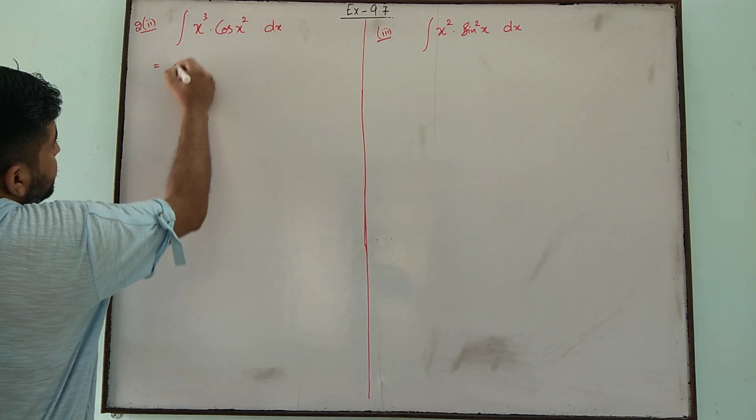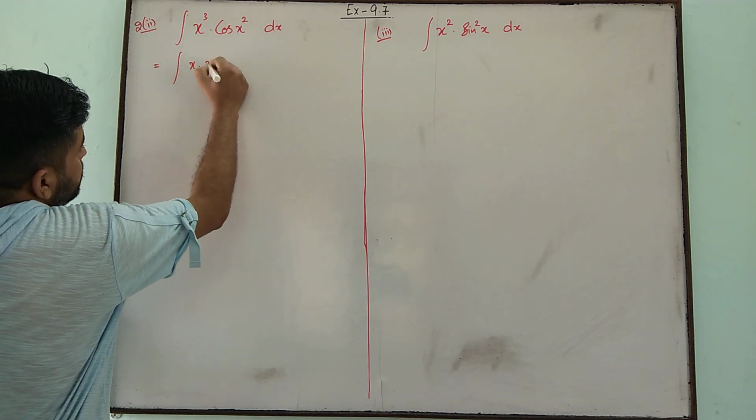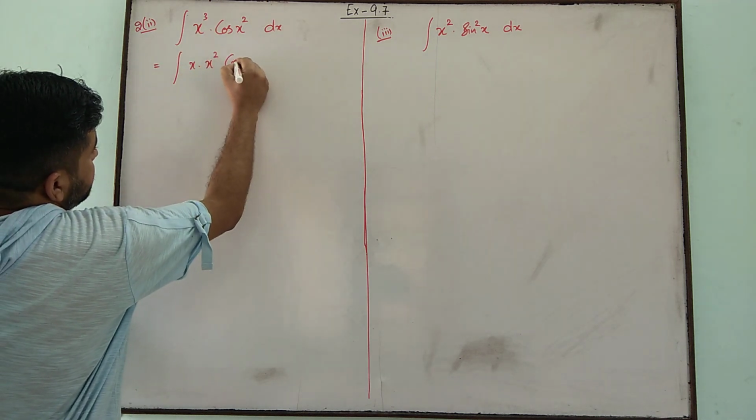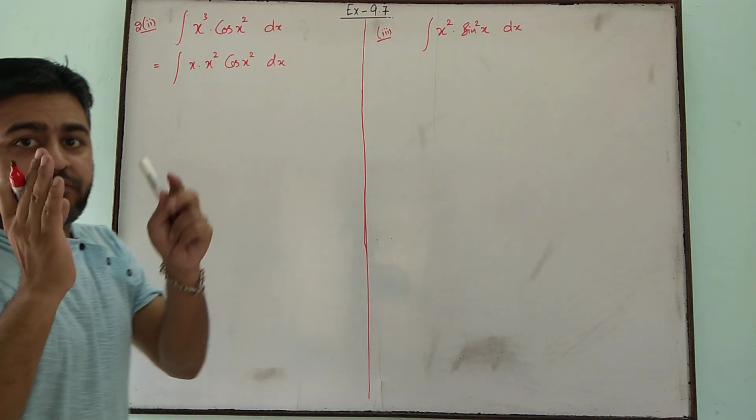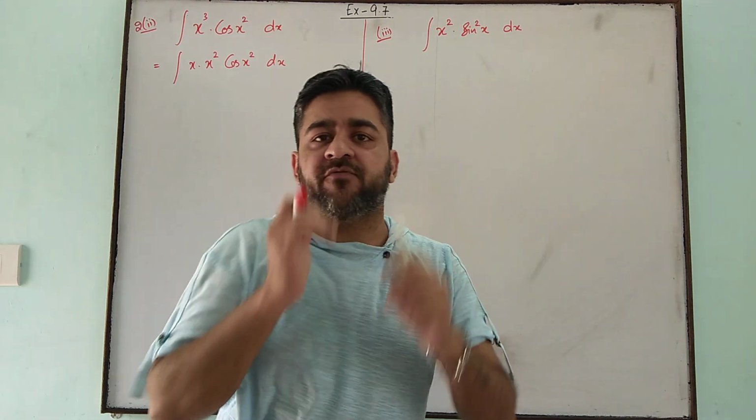If we write it as x into x square, that is x cube, and this is cos x square. For the substitution method we always need its derivative along with it.